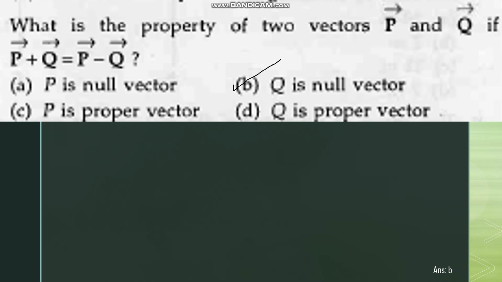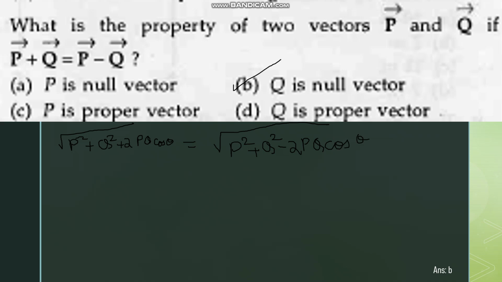First of all, the magnitude of P vector plus Q vector is root over of P square plus Q square plus 2PQ cos theta, and this is equal to the magnitude of P vector minus Q vector, which is root over of P square plus Q square minus 2PQ cos theta.